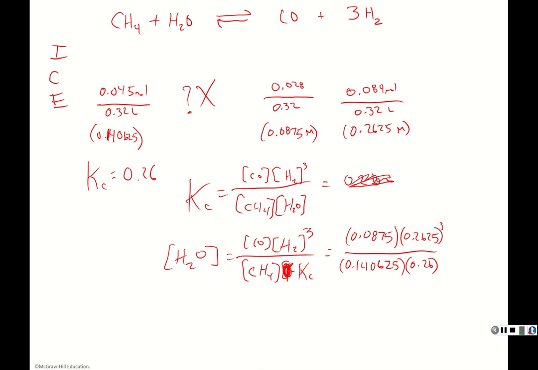Then we simply plug that in and solve. The H2O concentration is 0.0433 molar. So there's an example of a question where you probably don't really even need to write the reaction table, because we're already given the equilibrium concentrations.